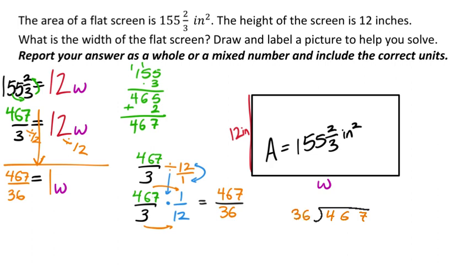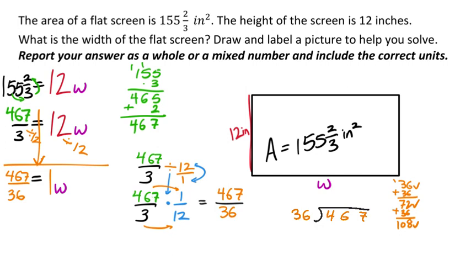Without making my list over here, which you could do, you could say 36 is our first multiple, plus another 36 would be 72, plus another 36, 108, our third multiple. But let's see what we get, because I know 36 won't go into 4, but it will go into 46 just once.